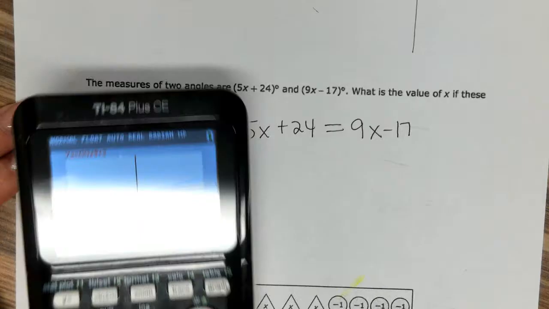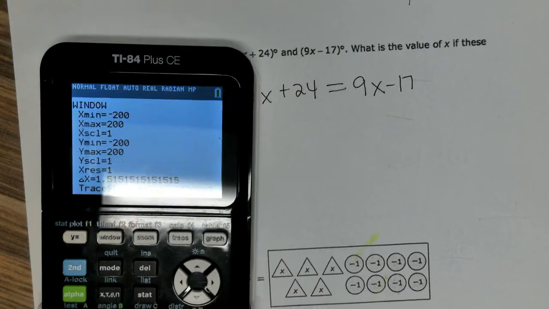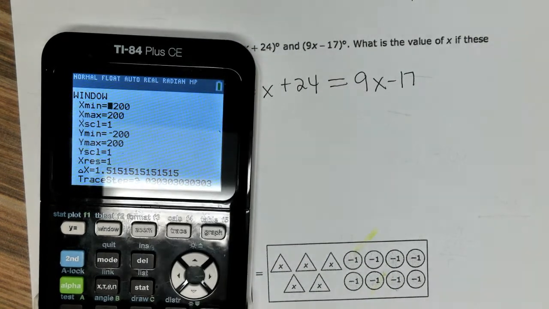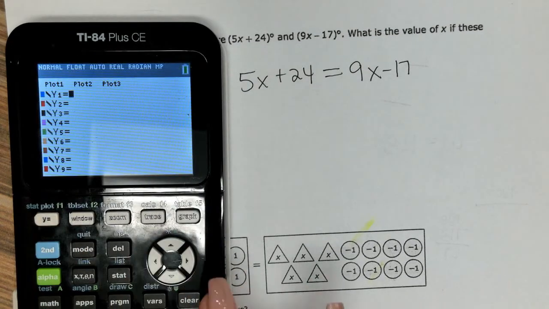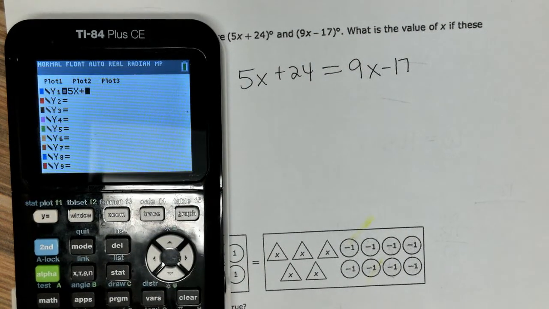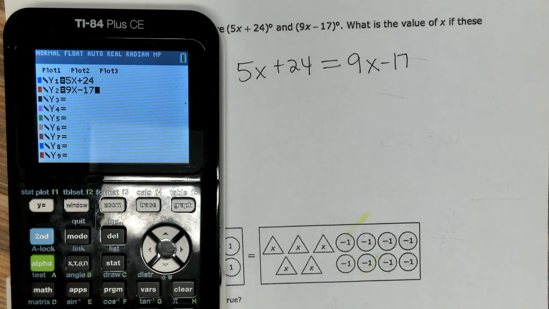So go to your calculator to y equals. Now I'm already set in my windows to negative 200 and positive 200. So as long as the answer is within those, I'm going to have the answer. So let's try it. 5x plus 24 and 9x minus 17.